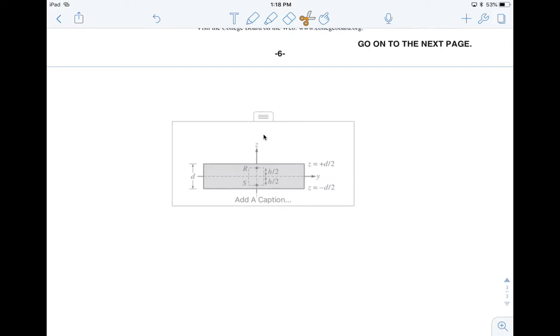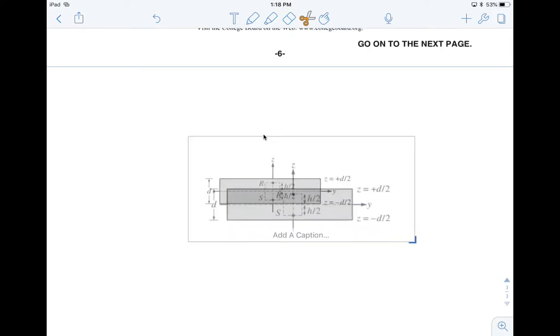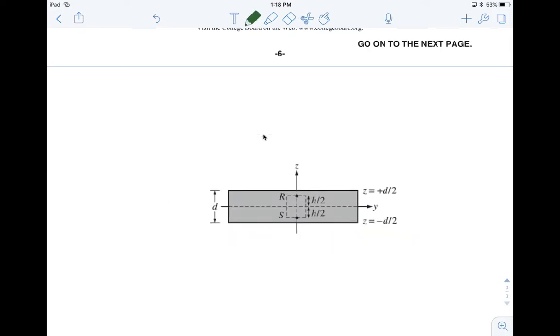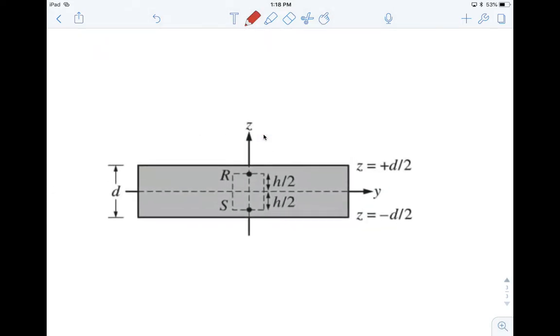Okay. I always like to draw charges because I think that helps me think about what's going on. Let's just say it's positive, and we've got charge that is just uniformly distributed throughout this slab of charge.